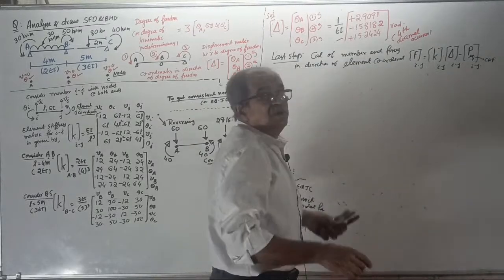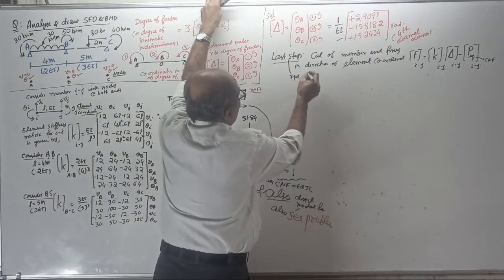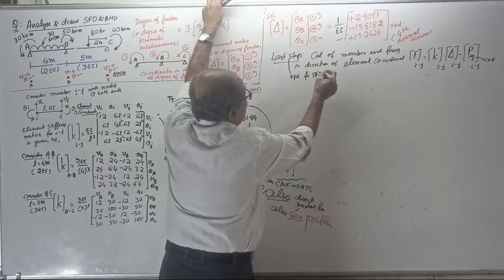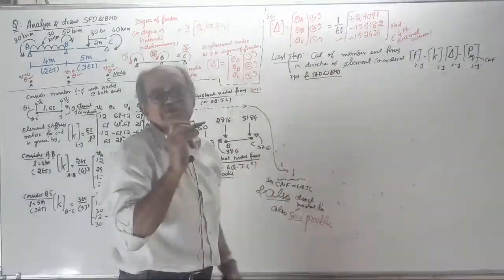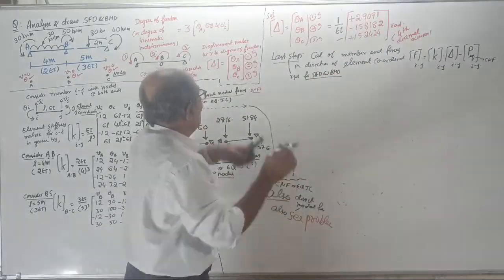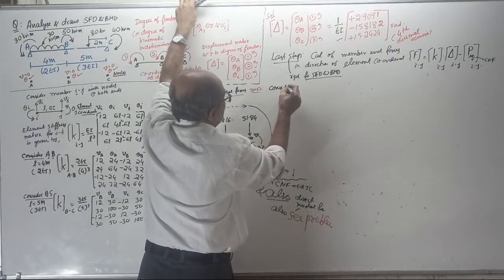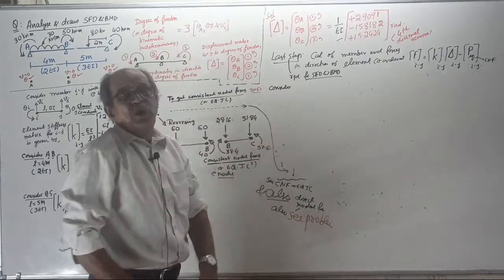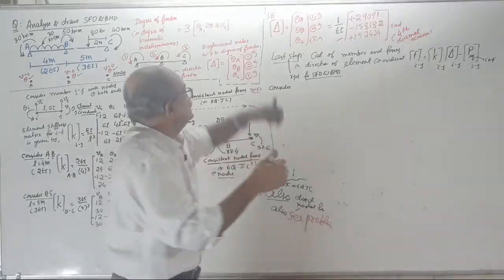See, why do you require this? This is required for SFD and BMD. In the exam, it is a 20 marks question. Okay, start. One by one member. Consider only those members with the nodes at both ends.